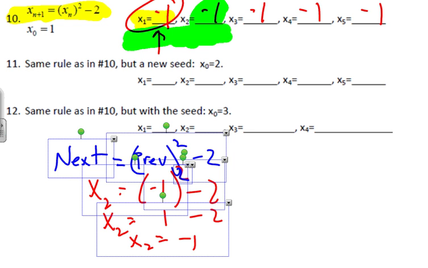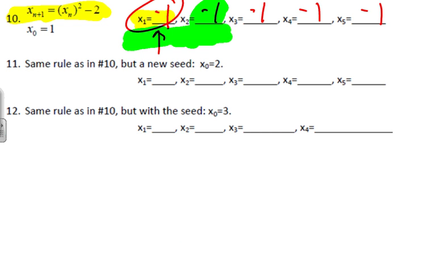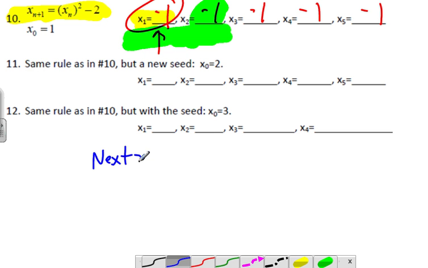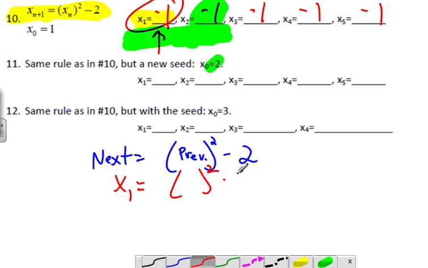Now let's take a look at number 11. Oh, new seed, same rule. So for this problem, if you want the next term, we will square the previous term and then decrease that by 2. But now we have a seed of 2. So to get the first iteration, we'll need to use the seed of 2 and square it and subtract 2. Well, 4 minus 2 is 2. First iteration is 2.